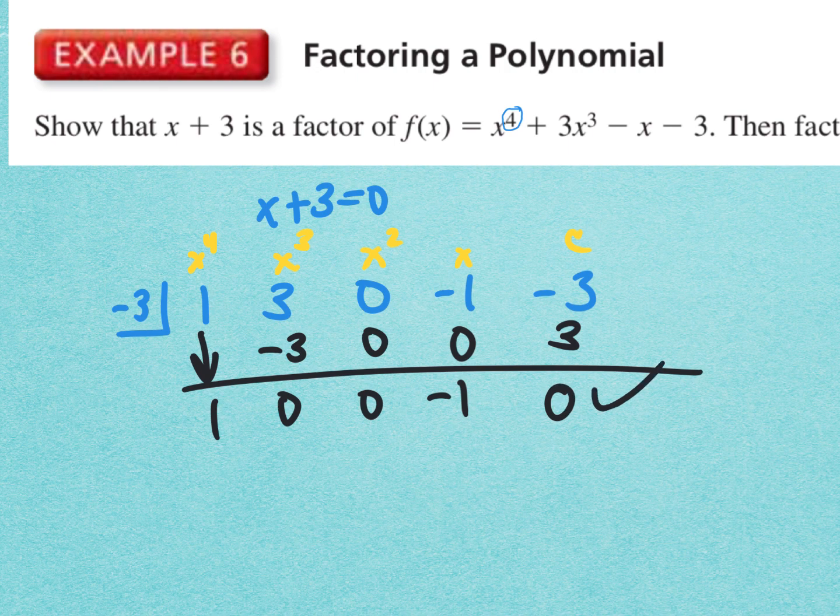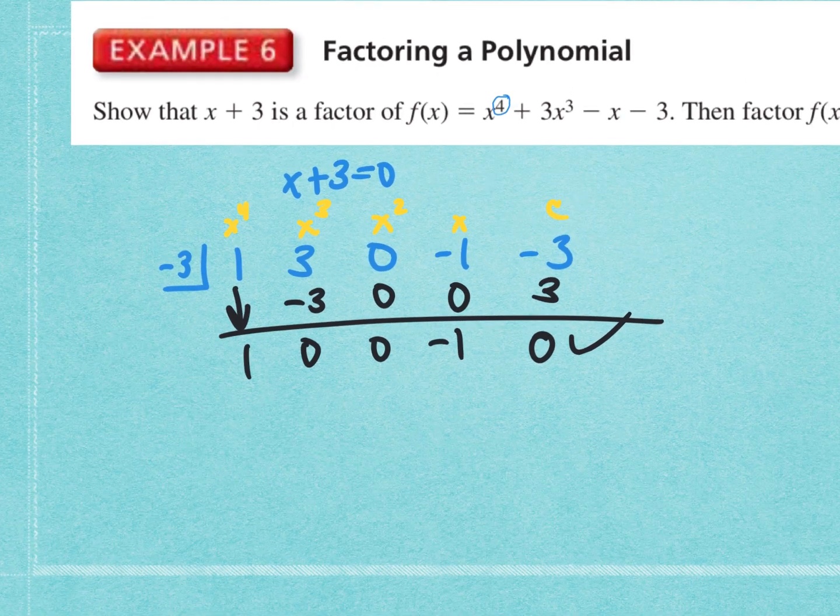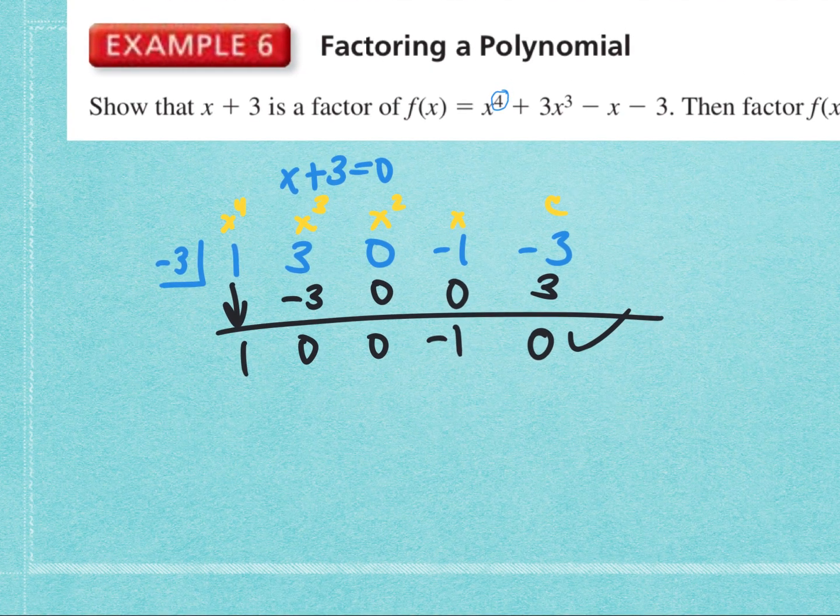Now it says to then factor completely. Well, what does that mean? Well, what you have here, guys, is what's called your resulting polynomial. It's what's left over after you divide. And it always starts 1 less than what you started with. Since we started with x to the fourth and we divided, this is your x cubed, this is your x squared, this is your x, this is your constant, that's your remainder.